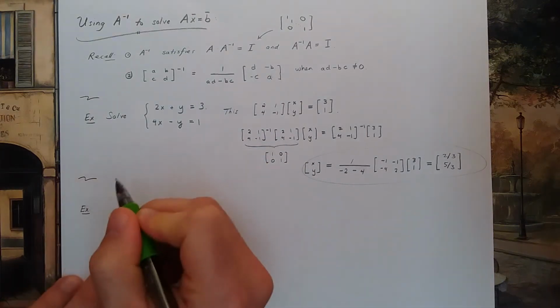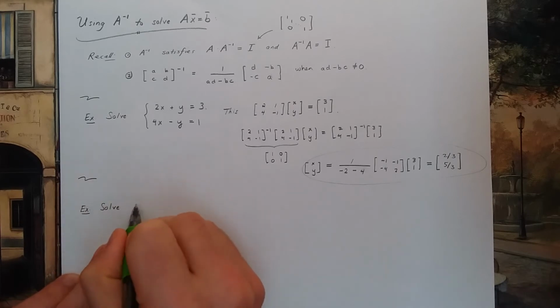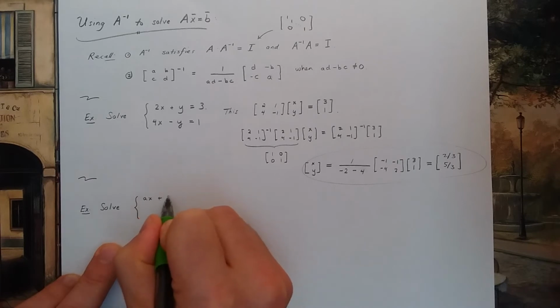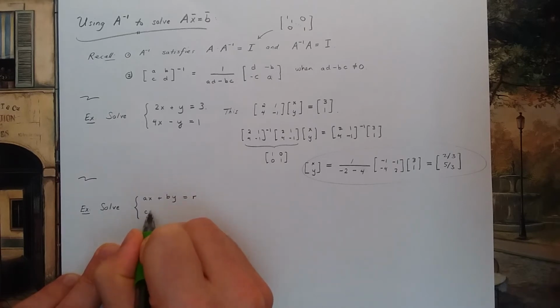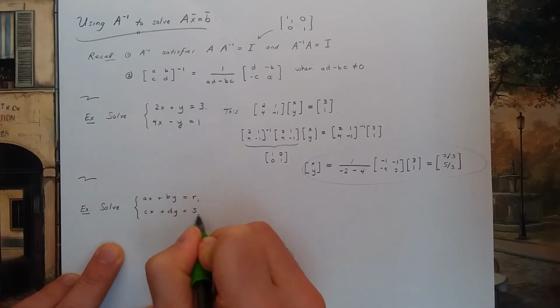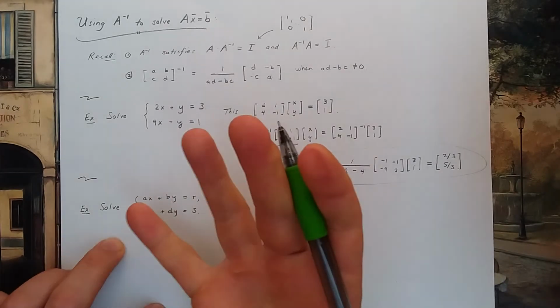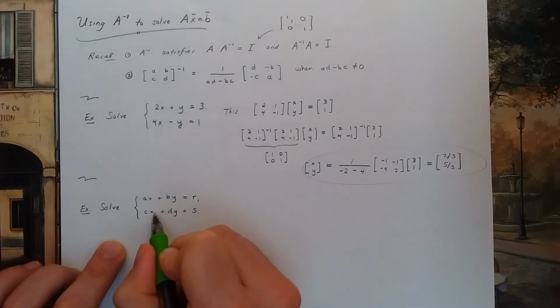What if we do a super general example? What if we do the most general 2 by 2 example possible? What if I need to solve ax plus by is r, and cx plus dy is equal to s. Here I'm assuming that a, b, c, d, r, and s are constants that I know, and the variables I'm trying to find are x and y.